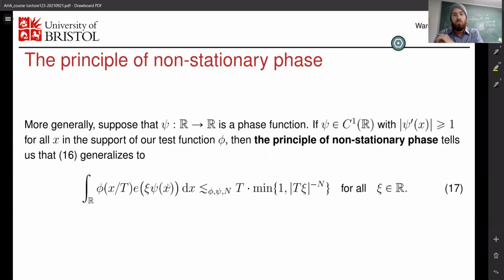Before, psi of x was just x, whose derivative is 1, and therefore the absolute value is always at least 1. But now if you have something a bit different, a little perturbation of x, you're going to be doing fine. You still get the same cancellation.